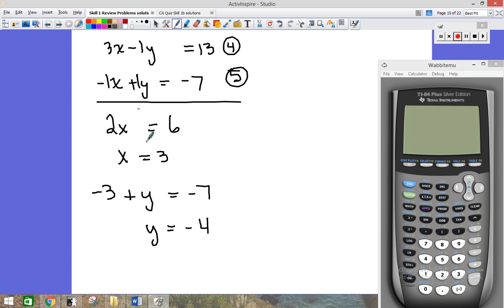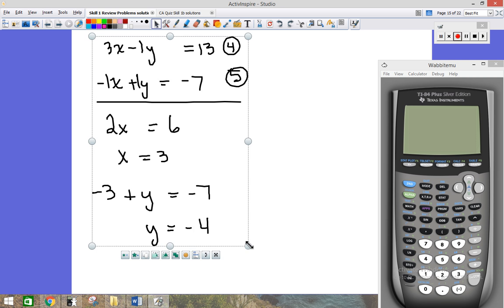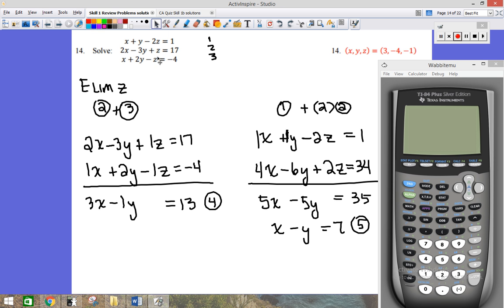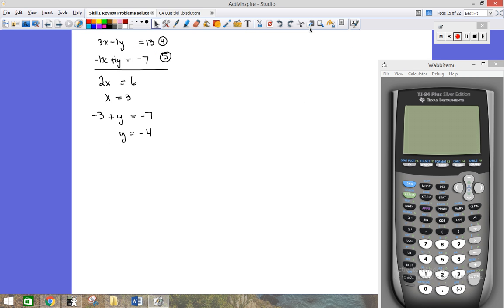Now to figure out z, I have to go back and pick one of my original equations, because we eliminated z right off the bat. It doesn't matter which of these equations I pick, so let's just pick that third equation.